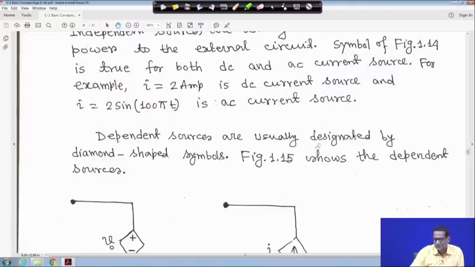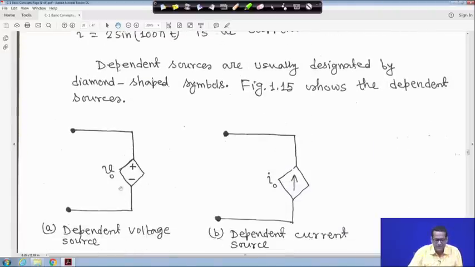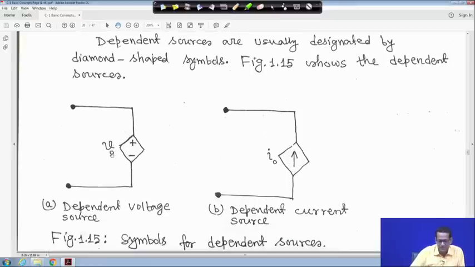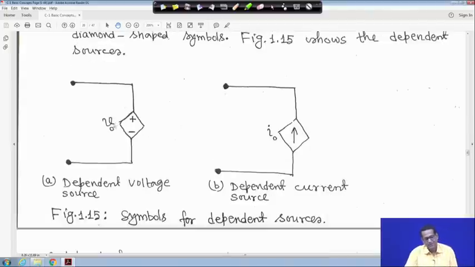Now dependent sources are usually a diamond shape. For example, this one with plus minus is the dependent voltage source, and this one with an arrow shown upward is the dependent current source, just for the purpose of example. A dependent voltage source means this voltage may be a function of current in some branch of the circuit, or a function of some voltage across some element of the circuit.